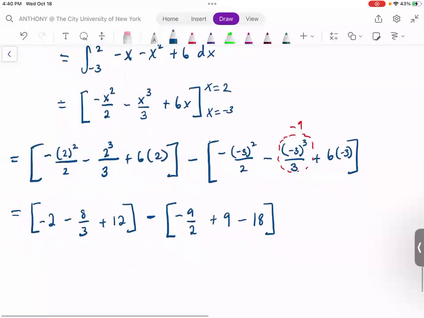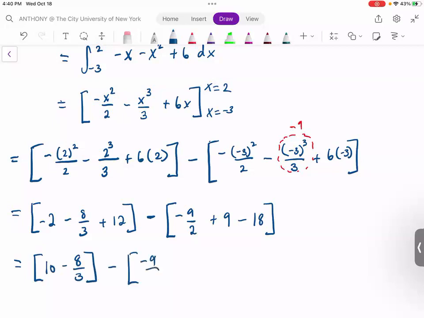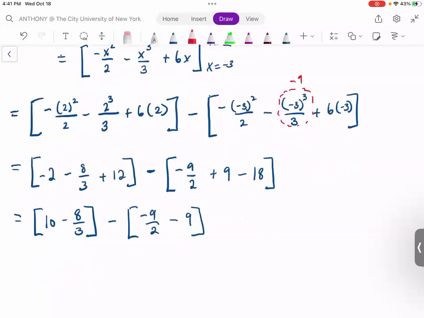Okay, so -2 and 12, that will give us 10. So this should be 10 minus 8/3 minus -9 halves plus 9 minus 18. So what's 9 minus 18? -9. Okay, I'm going to distribute the negative sign inside the parentheses.